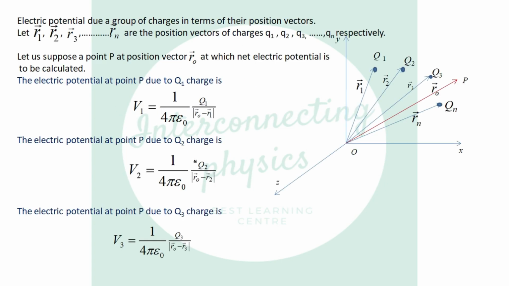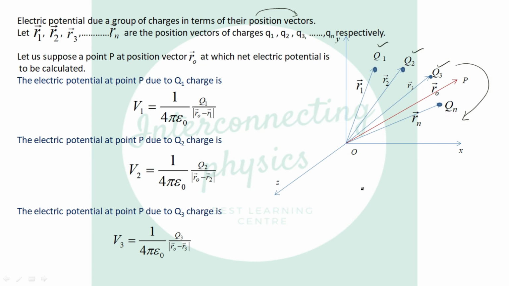Okay. Now, electric potential due to a group of charges, that is in terms of position vector. So let us consider a coordinate system x, y, z with origin O, where we consider a number of charges Q1, Q2, Q3 up to Qn. Why up to Qn?